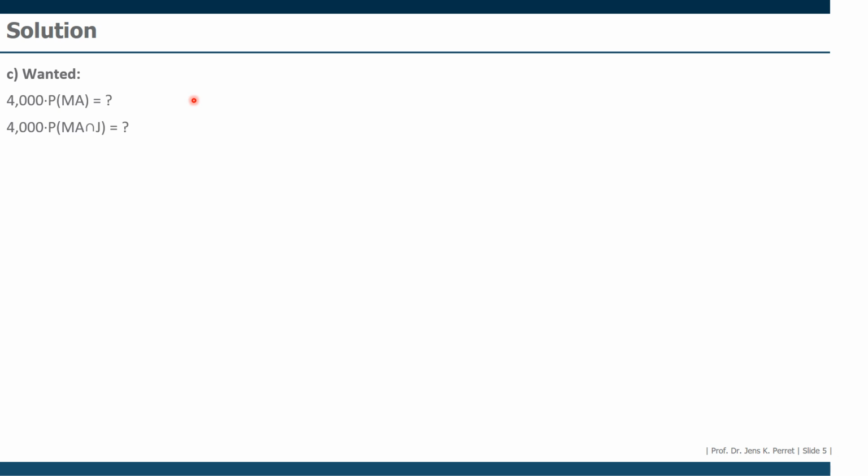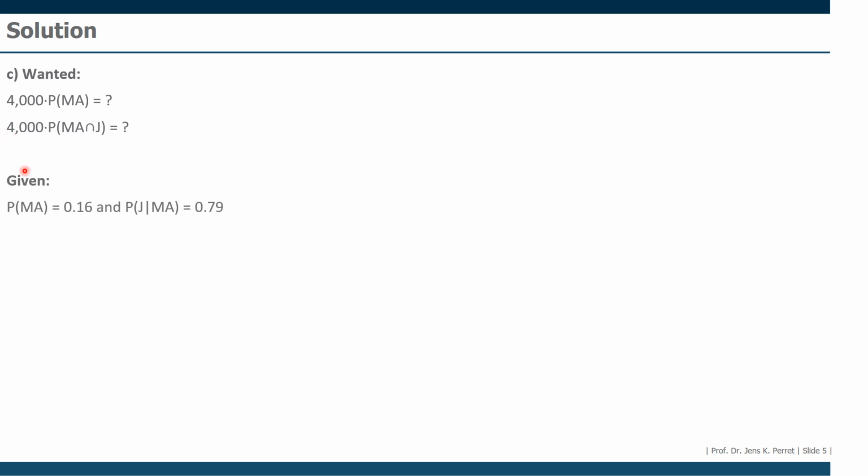We want to know how many of these students study management, and also how many students study management and find a job. So we need these two probabilities, and then we multiply them with the 4,000 students.